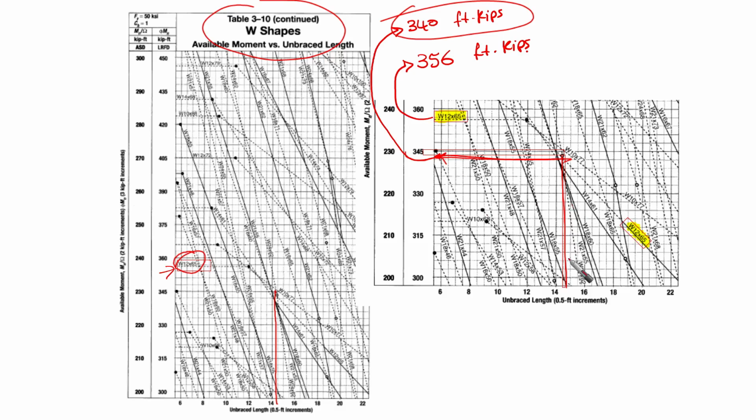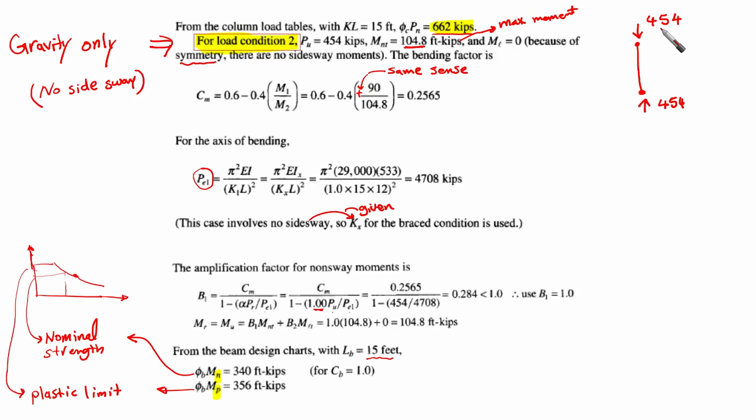And if you go to the horizontal line here, 12 by 65, it gives you 356 foot kips. So this is right. I mean that what we have obtained here is 340 and 356. Okay, the section seems to be fine. This is the limit, nominal strength. This one is the plastic limit, as we have mentioned before. Okay, that's very fine now.